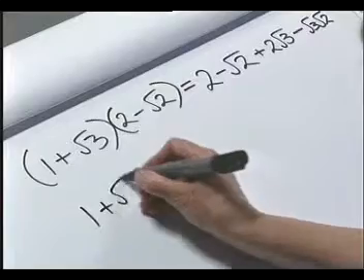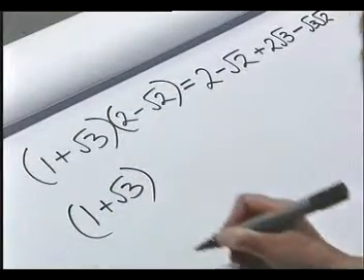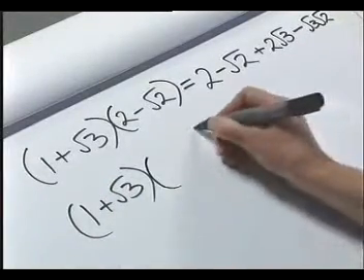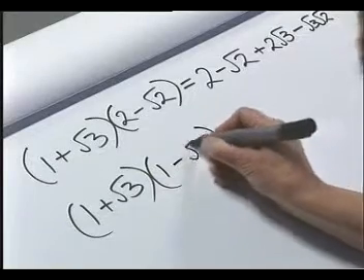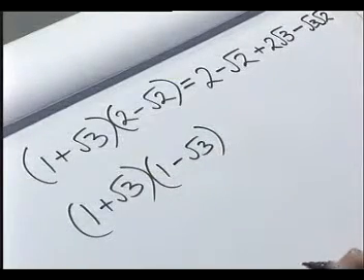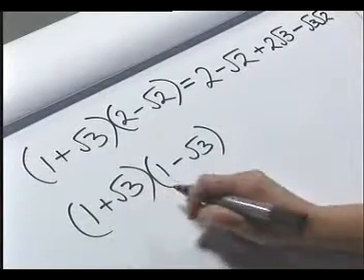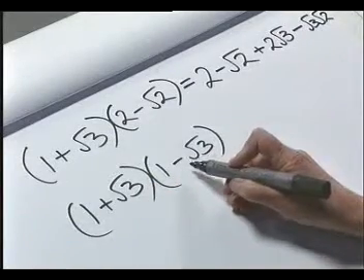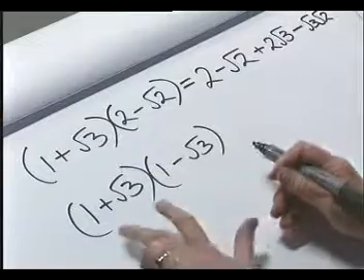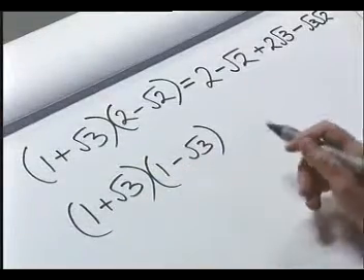But what if we had this expression, similar to the one above, using two brackets, but look at the numbers and the surds involved. 1 plus square root of 3 times 1 minus the square root of 3. The numbers are the same, but the operation is different.